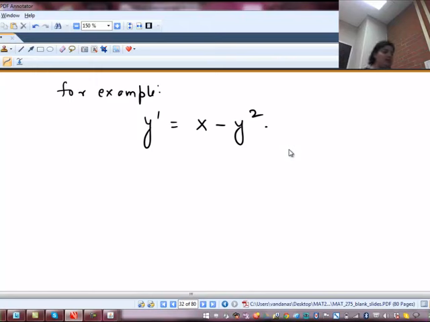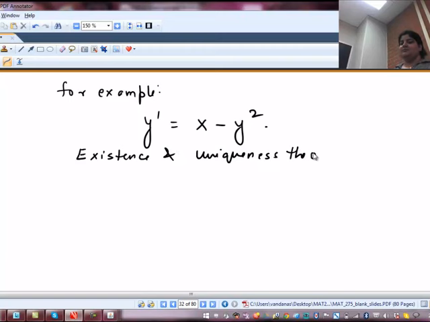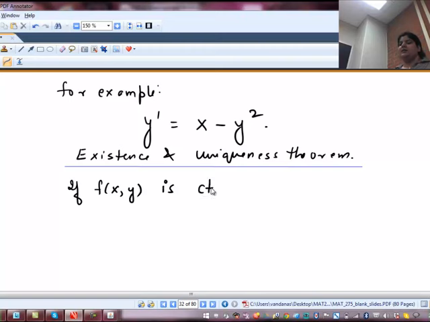Okay. So in order for a solution to exist, we have the existence and uniqueness theorem. By this theorem we can see that if the slope field, if f of x, y is continuous, then a solution exists.